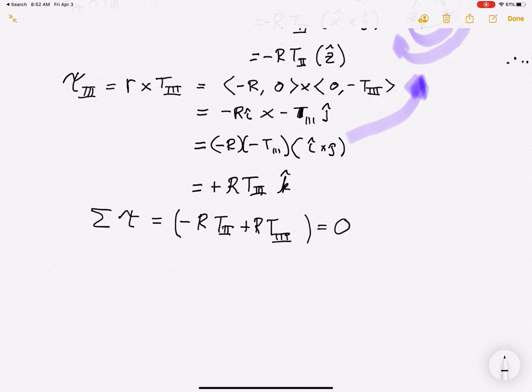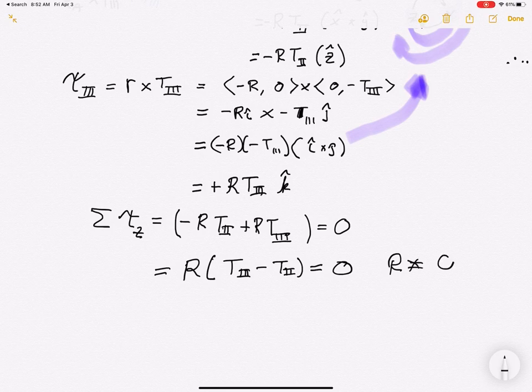And because we're in statics, I can pull the R out and get T3 minus T2 has to equal 0. R cannot be equal to 0. So we wind up with the tension in 3 has to equal the tension in 2.